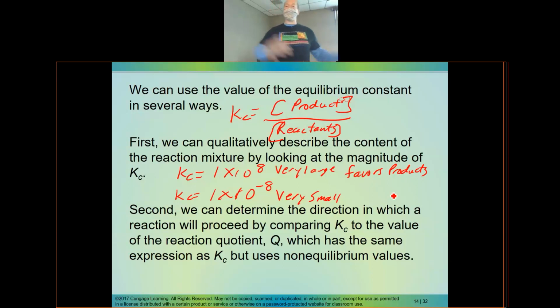A large number in your numerator divided by a small number in your denominator is going to give you a very large number. So anytime your Kc is large, that means you have a lot of products. When it's very small, that means you have very few products. You have a very small number divided by a very large number to give you a small number. And so when it's very small, it favors reactants.